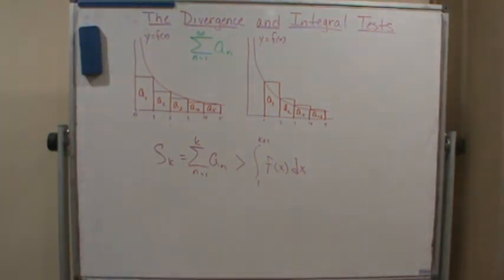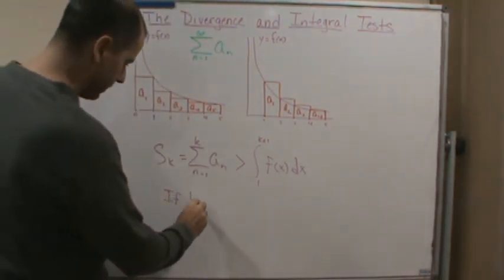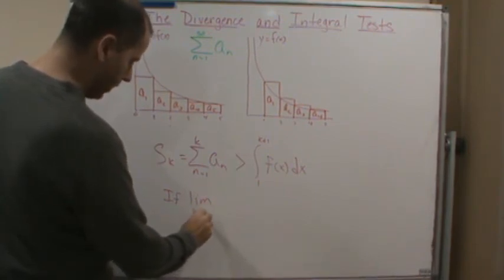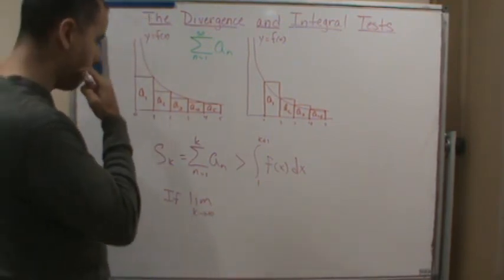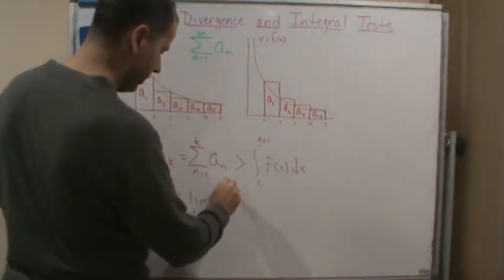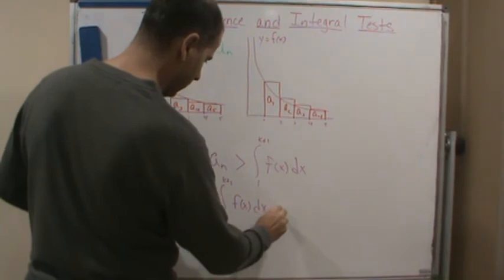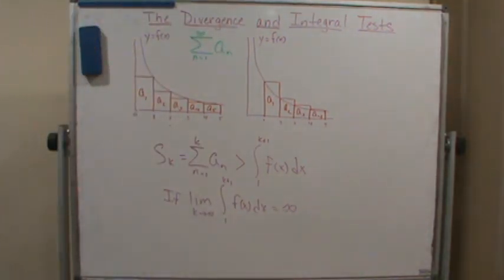Now, what happens if the limit as k approaches infinity of the integral from 1 to k plus 1 of f of x dx equals infinity?